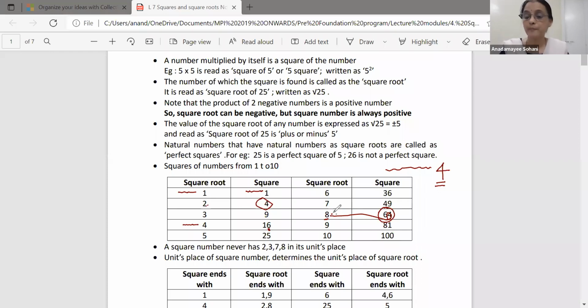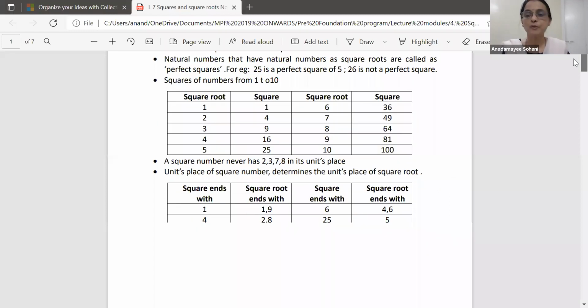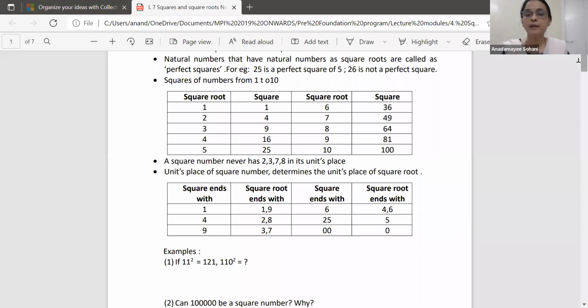So once I know the units place of the square, I will know the units place of the square root for sure. The rest of the things I may have to find out, but I will know the place of the square root for sure. So that is also one table that I have made: if the square ends with 1, the square root will end with 1 or 9.